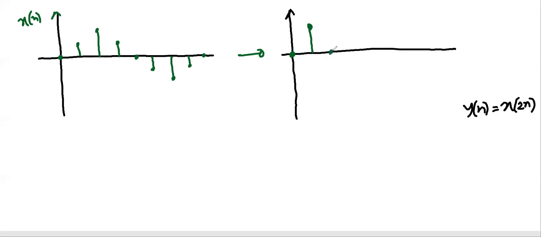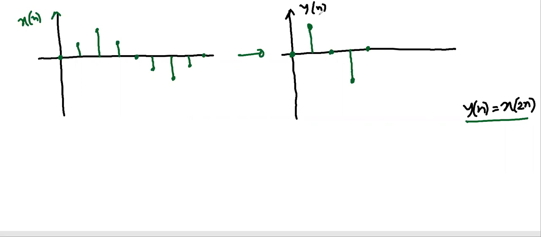Then it goes to 0, and so on. It takes this, this, and that value, then the higher value again. From 0 it gets the higher value, then misses this data, then again 0. So this is our y[n].